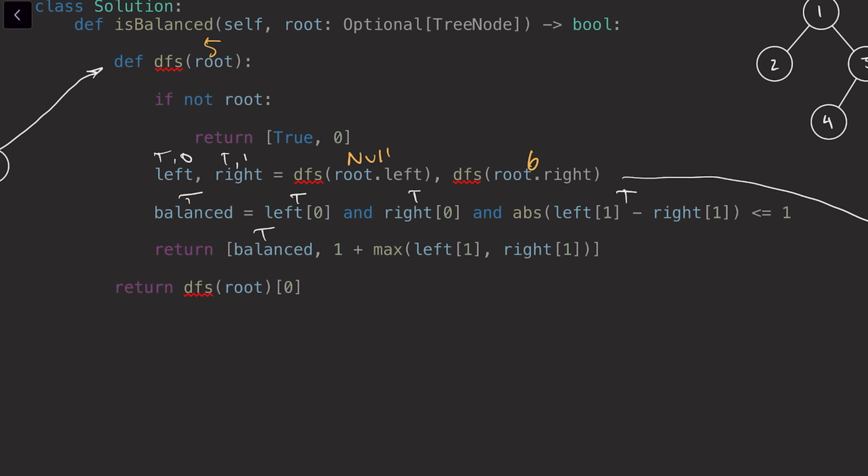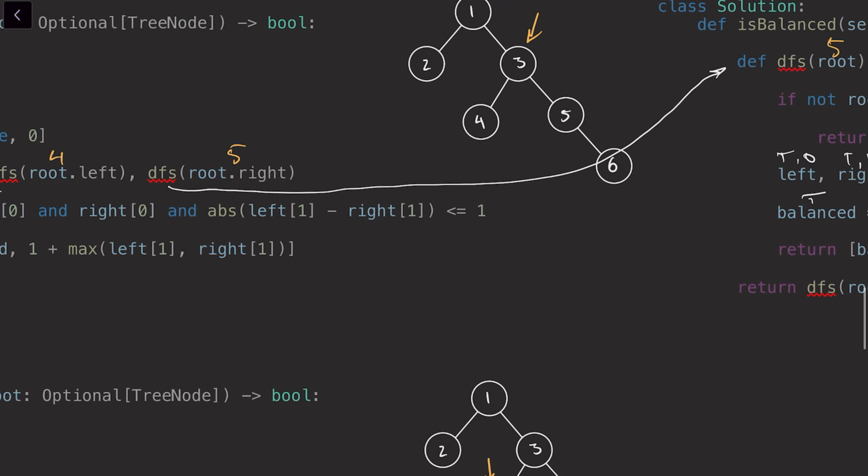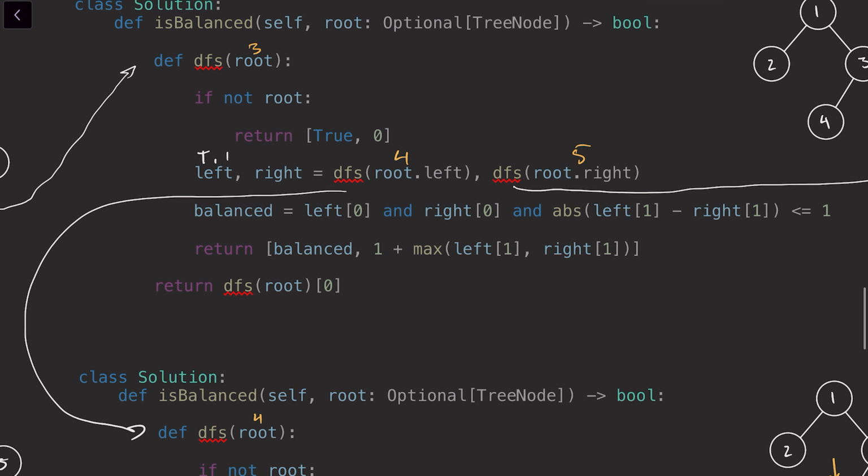So balance will be true. And then let's see. The left height was 0 and the right height was 1. 1 is bigger, so 1 plus 1 equals 2. So we will return 2 this time. So let's go over here. It will be t for true and 2.